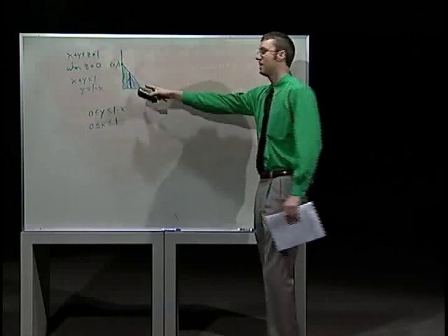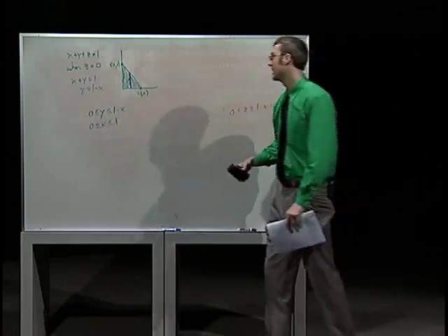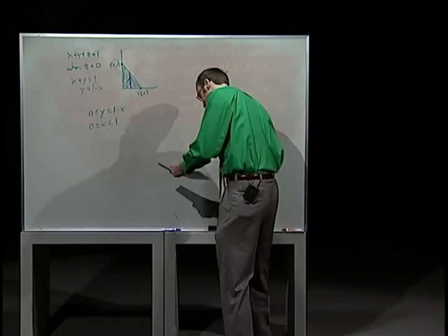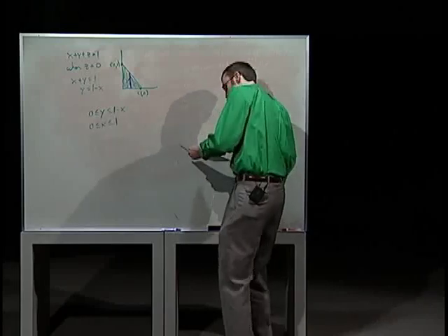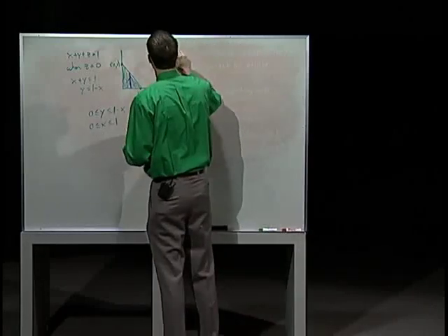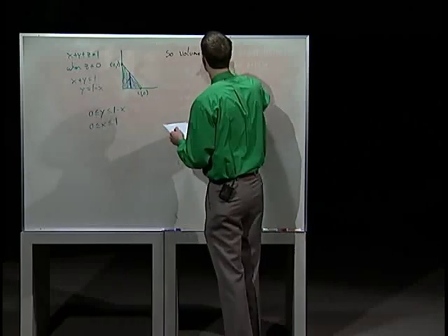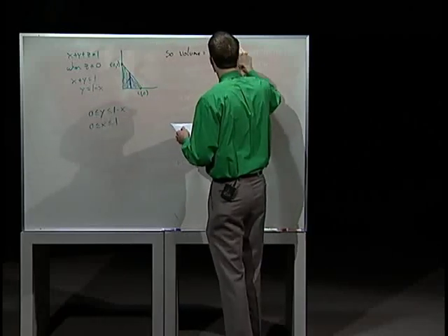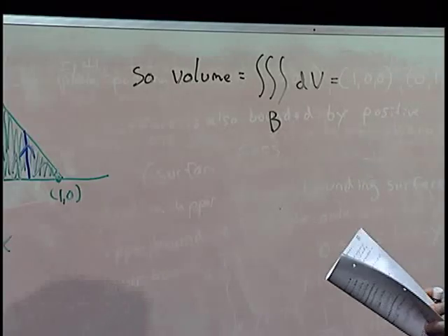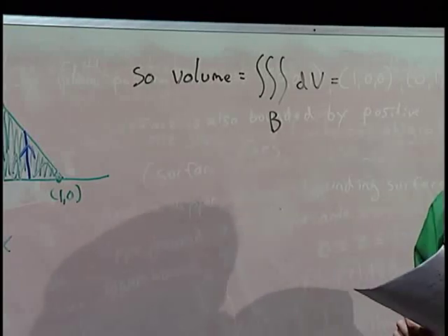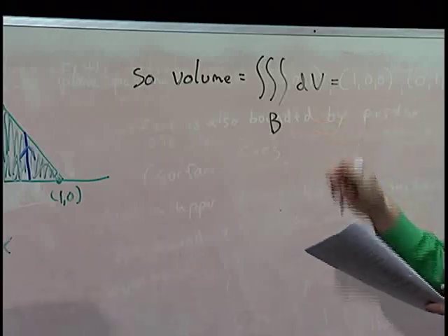So there's a picture in the xy plane. Remember the z limits. We have x and y limits. We're ready to go here. Let's go to black. So the volume is just the triple integral of dV, which we'll now write in terms of 3 iterated integrals, starting with dz, then going to dy, then to dx.